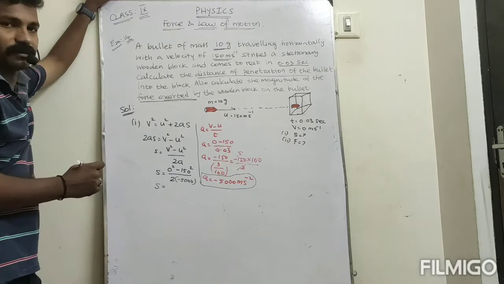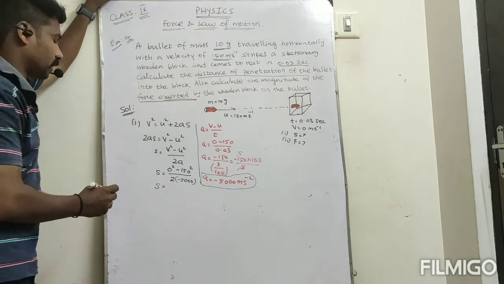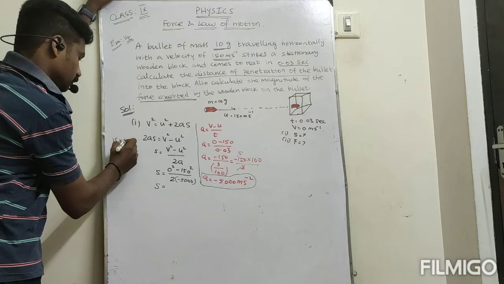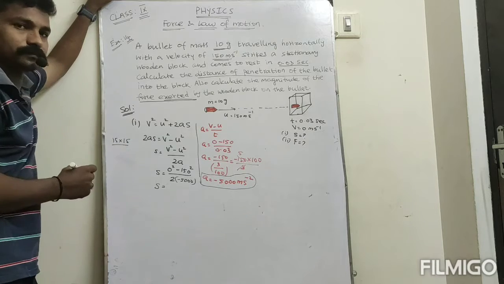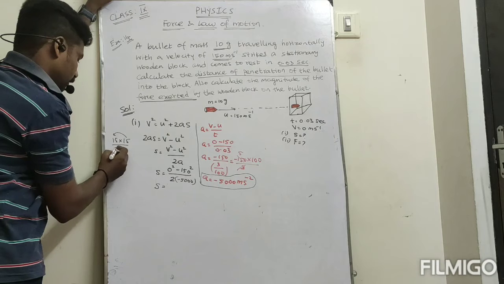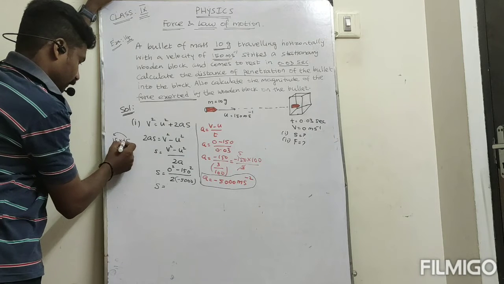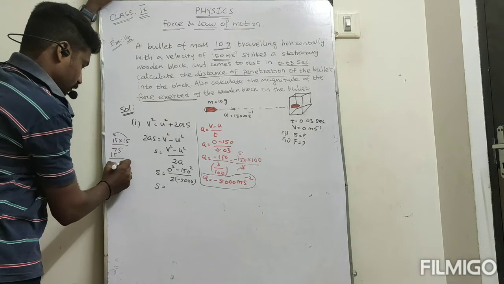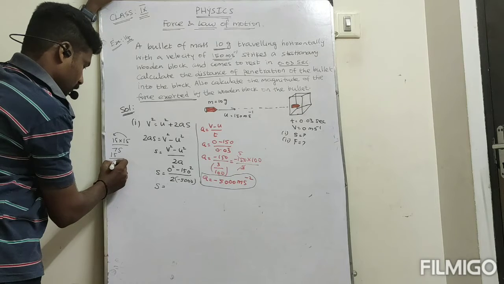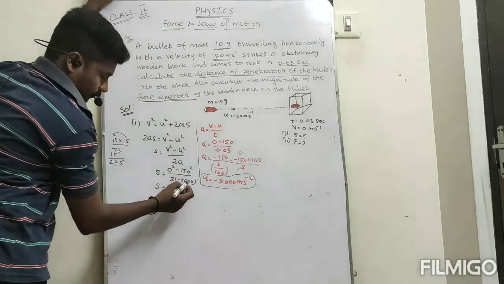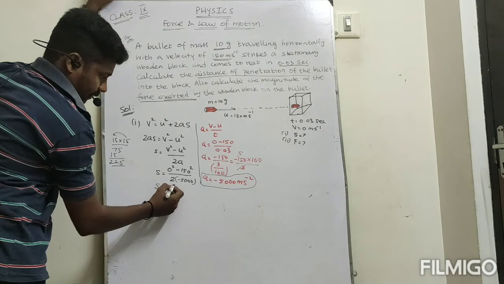So 15 into 15. So 5 into 15, 75. 1 into 15, 15. So 225.